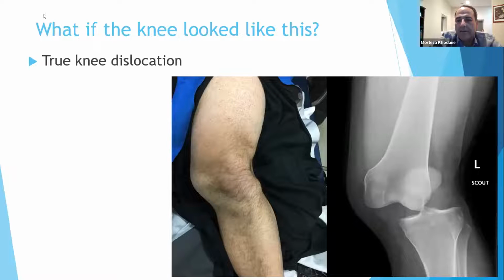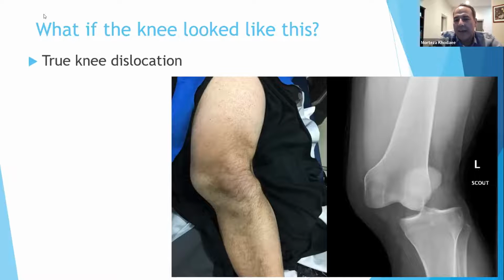So then reduction: I've had multiple of these, my N is less than 10, and they've all been not difficult, because everything is just completely torn, so the reduction was not very difficult. The key is to keep them after reduction in a stable position and posture, and you have to send these people to a higher level of care as soon as possible.